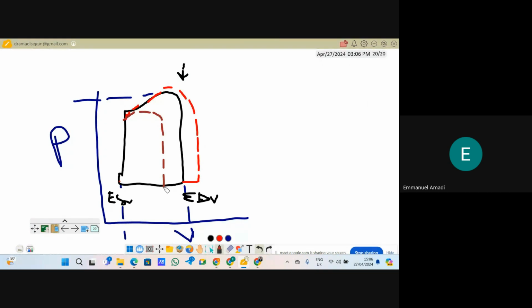This brand one is when I give something like nitroglycerin. Nitroglycerin is a venodilator. It dilates the vein. When nitroglycerin dilates the vein, what will happen is that the vein will hold more blood. Preload will reduce. So you find out that the end diastolic volume withdraws.